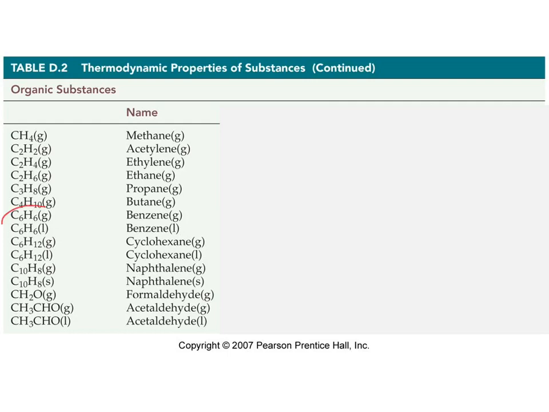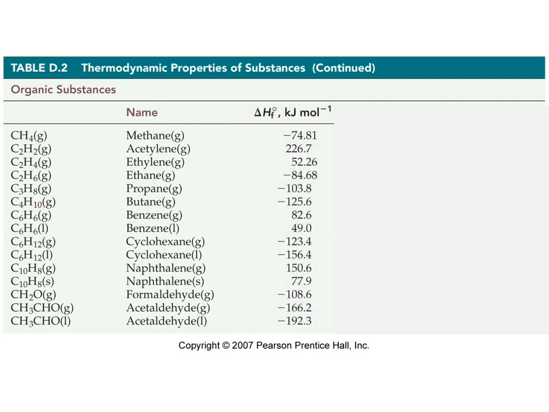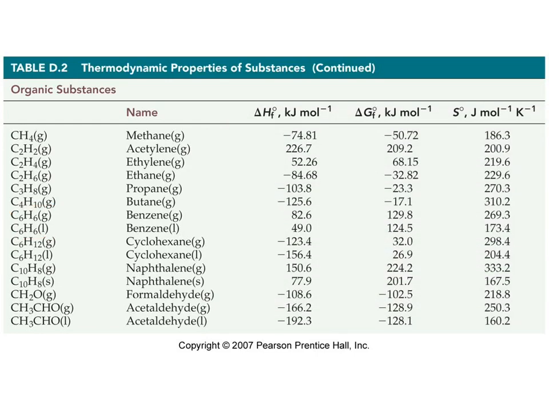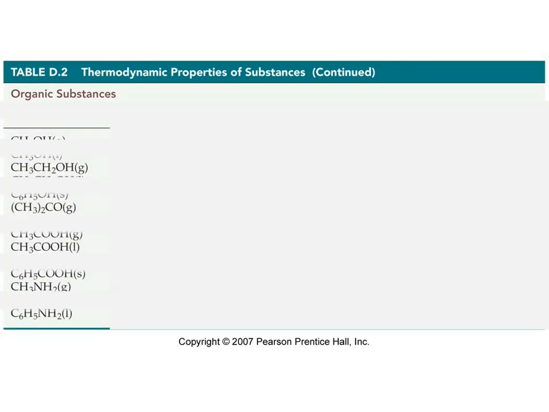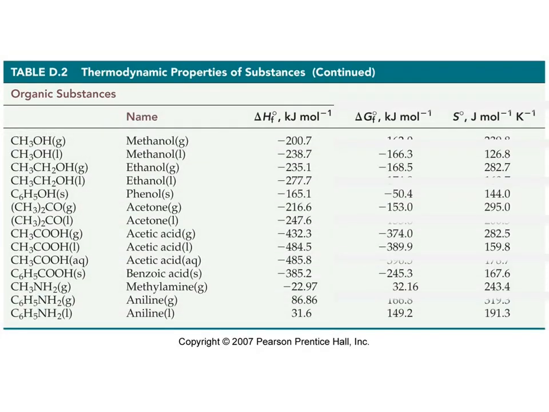We have benzene in its gaseous state and benzene in its liquid state, 2 different values. Then again, there's the standard molar enthalpy of formation, the Gibbs free energy of formation, and the entropy. More organic substances. These get harder to figure out where to find them.